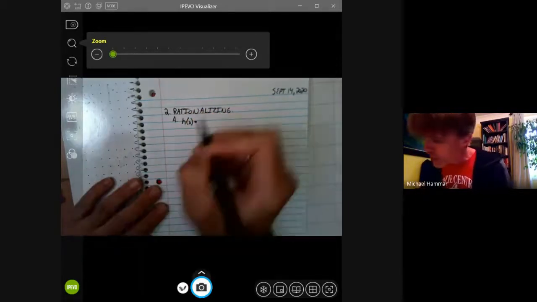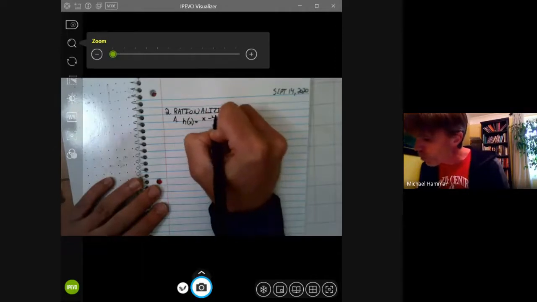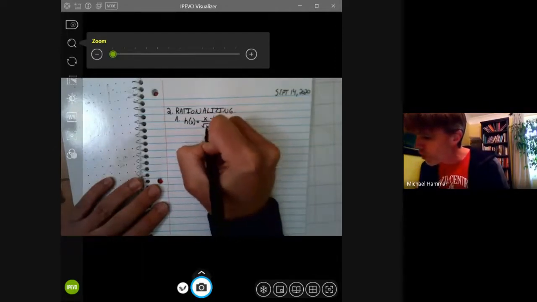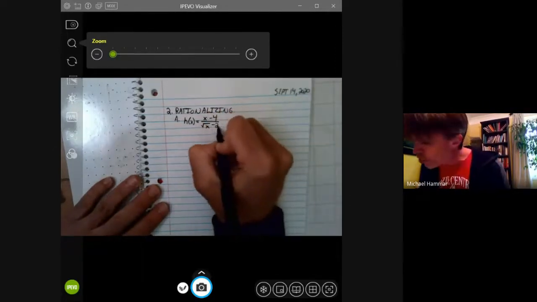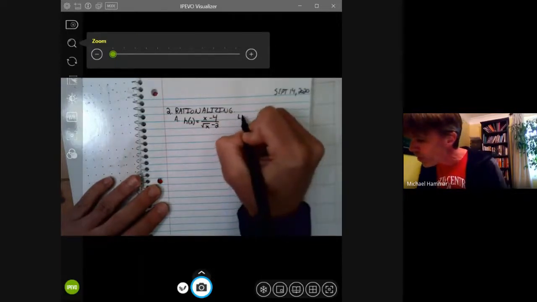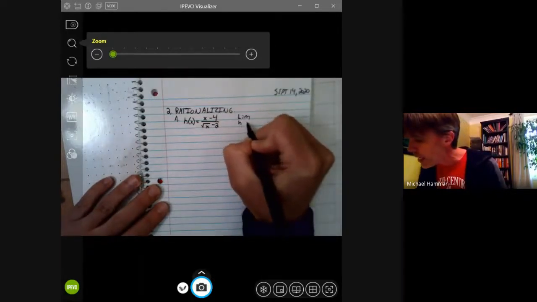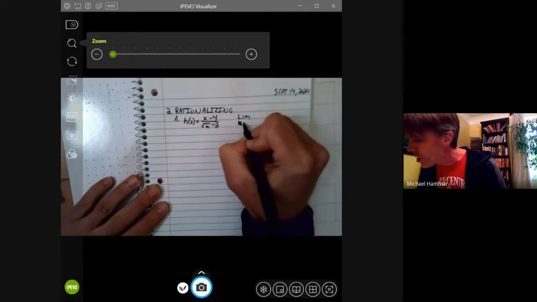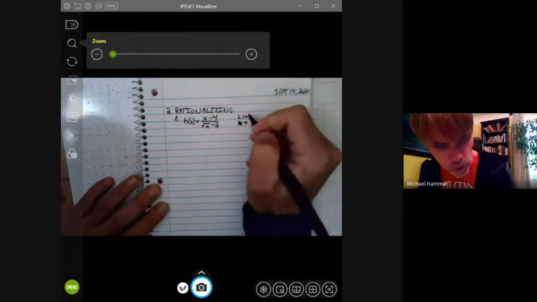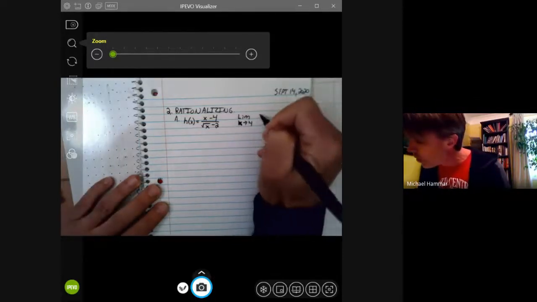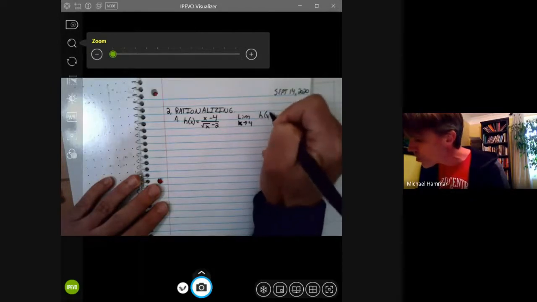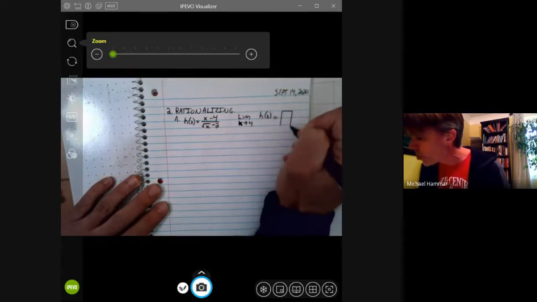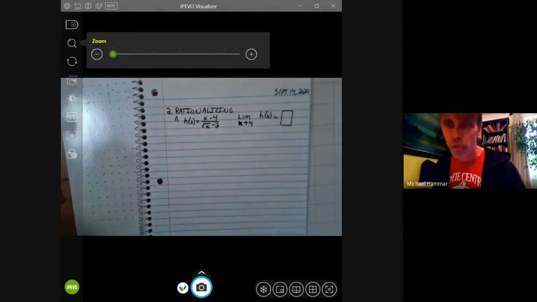And h of x equals x minus 4 over the square root of x minus 2. And we want to find the limit as x approaches 4 of the function h of x.